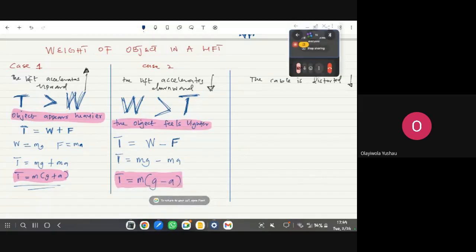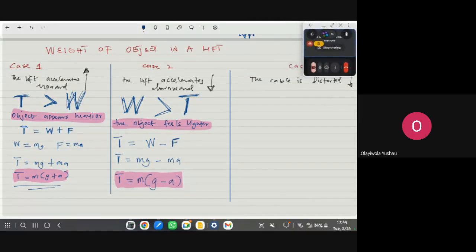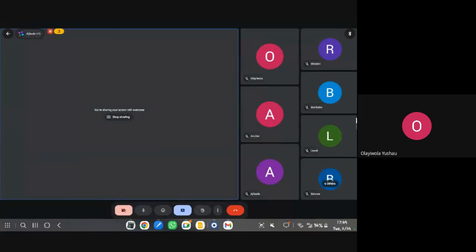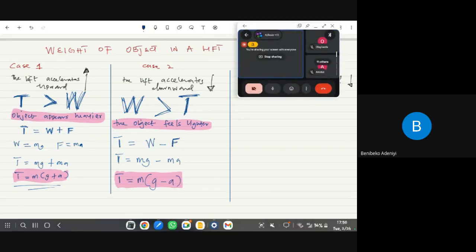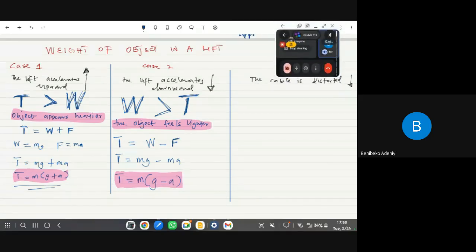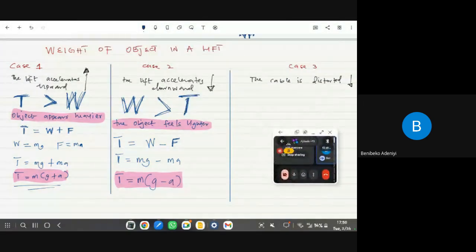I don't understand what you mean by suspended. Can you explain better, Benny Beko? You can unmute and talk, Benny Beko. I can understand you better. I meant if it is hanging at a particular distance above the ground, it's not coming down, just hanging at a particular distance.